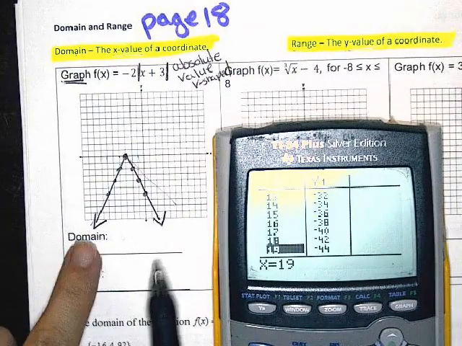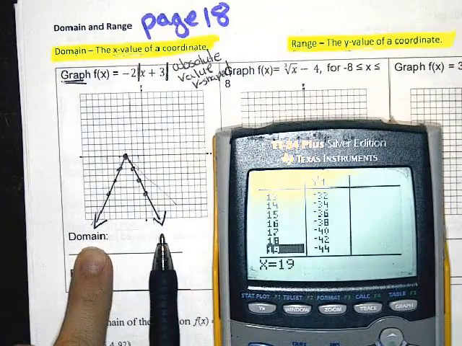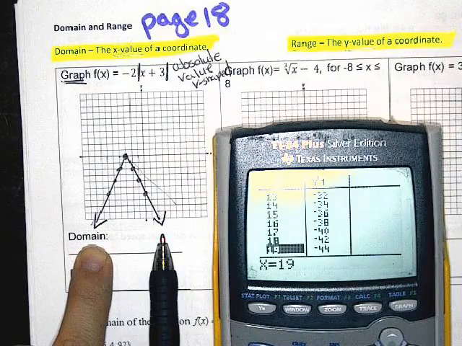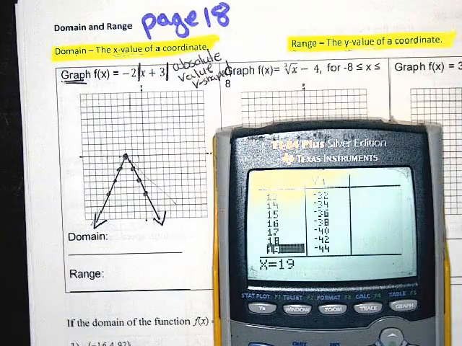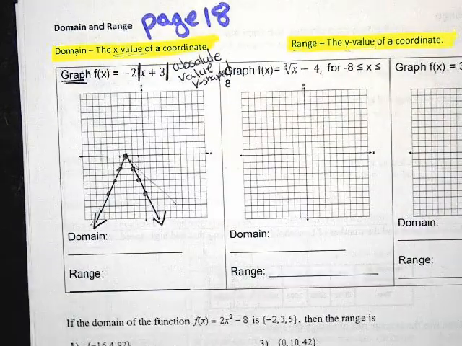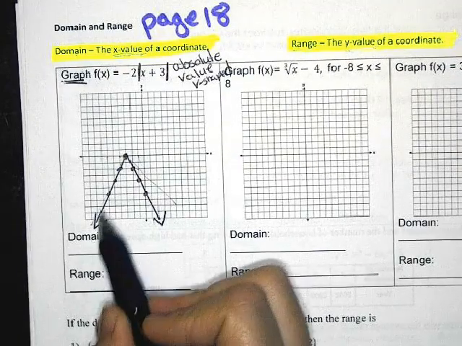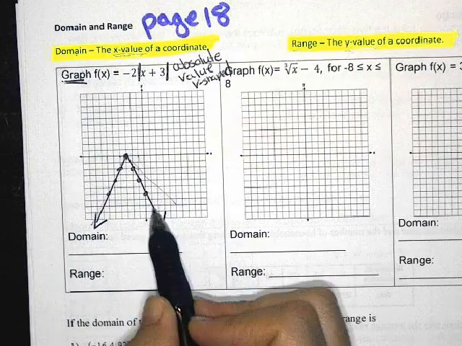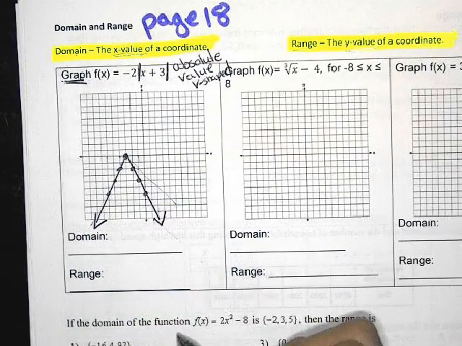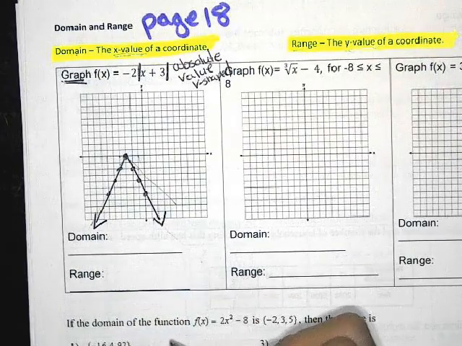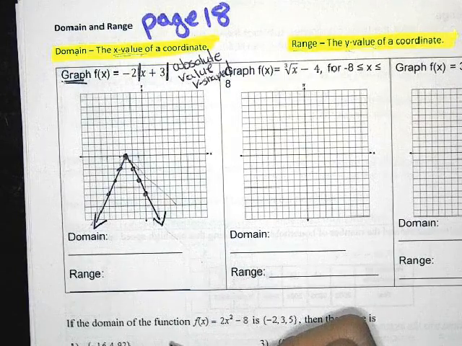And how do I know I'm going to keep going? There's an arrow on both sides. That means it's going to keep going. Now X values, do they run left and right or up and down? Left and right. This is going to keep going to the left, and this is going to keep going to the right. So where do I stop?